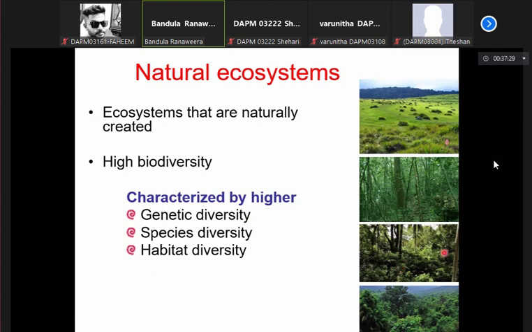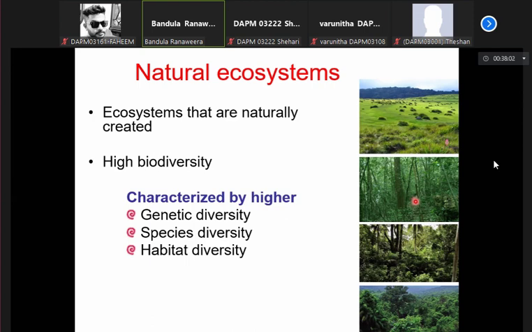There is a group of animals living in these types of grasses. When it comes to other types of grasses, there are other animals. Likewise, when there are many species of plants, then on each and every species there can be a higher number of other organism species.